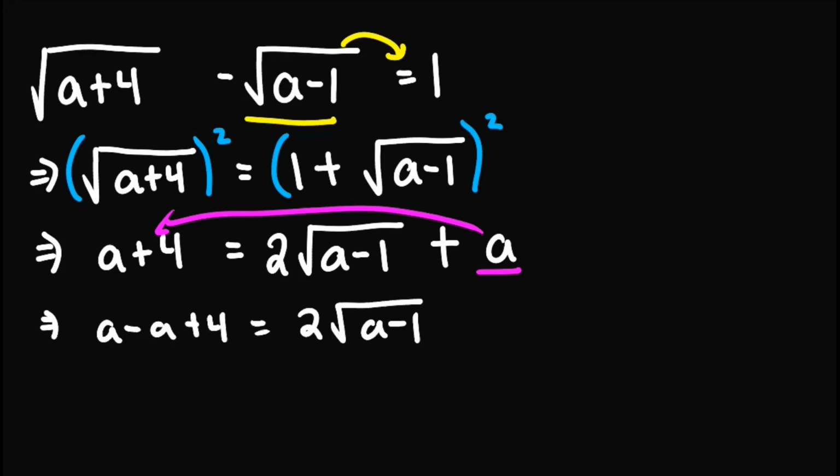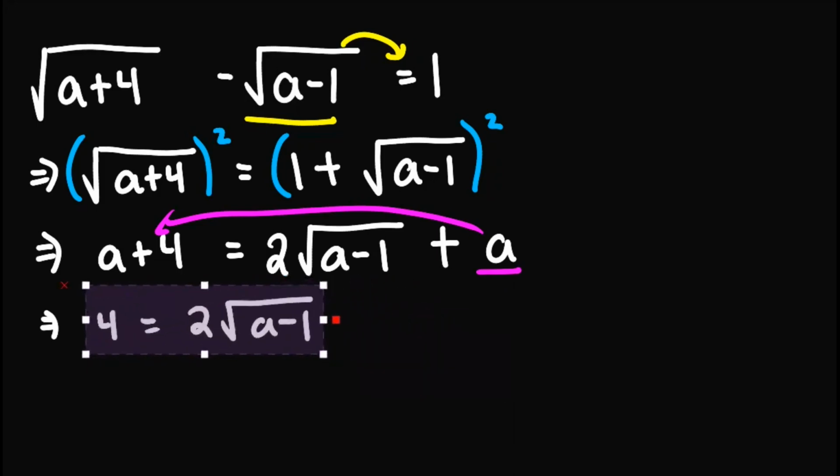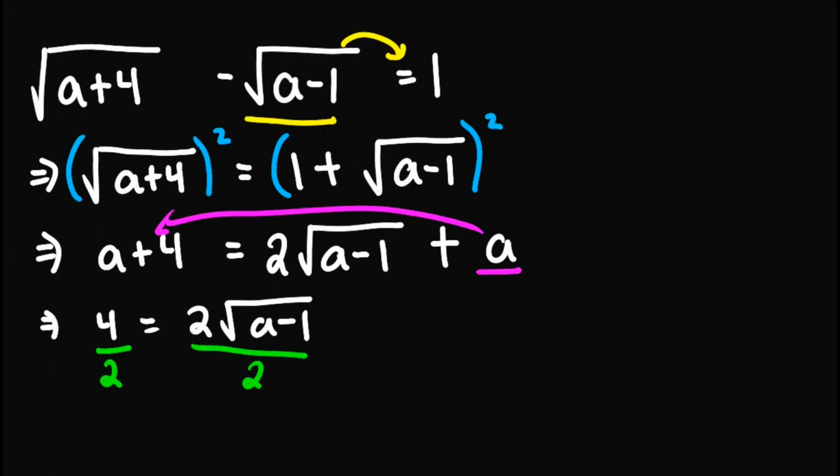Then a minus a is simply 0, or it cancels out. So we have 4 equals 2 square root of a minus 1. Then we divide both sides by 2 to obtain 2 equals the square root of a minus 1.